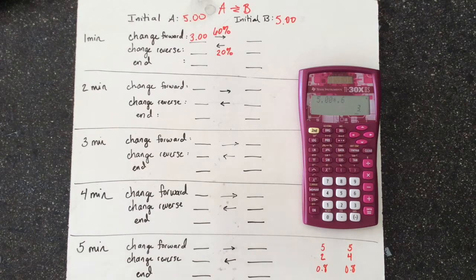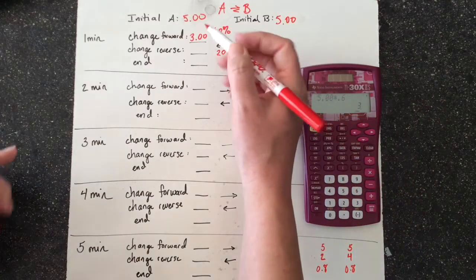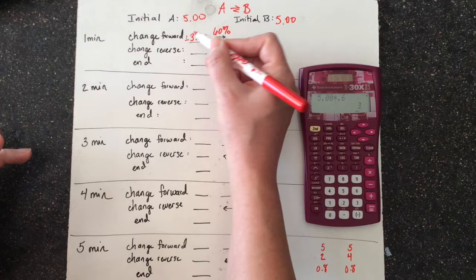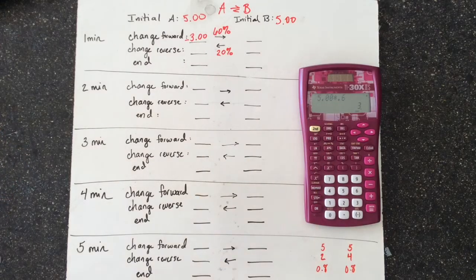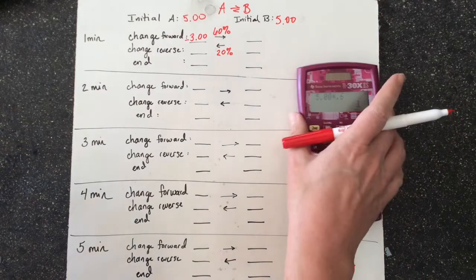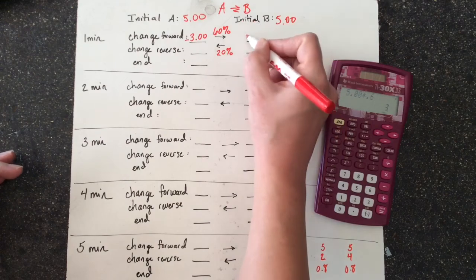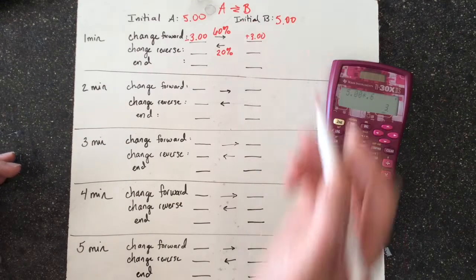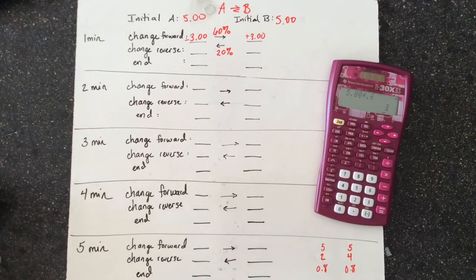So 3 moles of A is going to go forward, so we're losing this much. So 3 moles of A is being lost, but that means that 3 moles of B is being gained. So you're going to put that same amount but a plus sign on the other side.